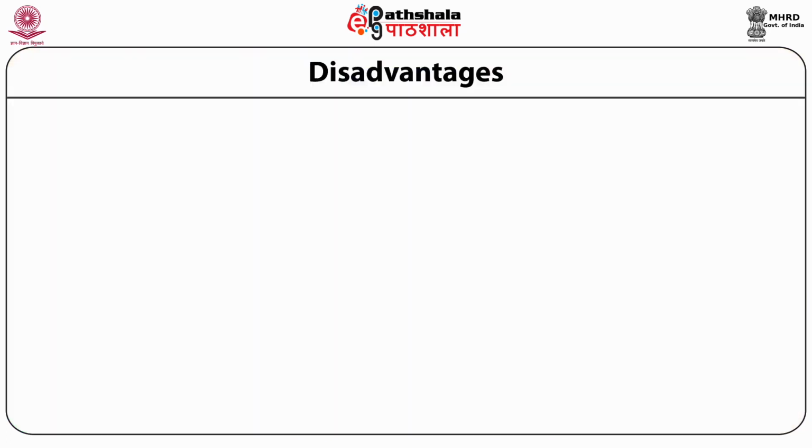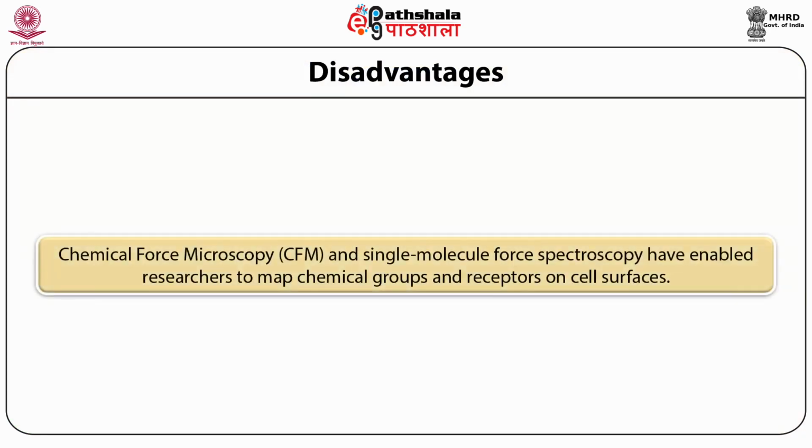The disadvantages of this technique. Chemical force microscopy has some disadvantages. Single molecule force spectroscopy as well as chemical force microscopy have both enabled researchers to map chemical groups and receptors on cell surfaces.